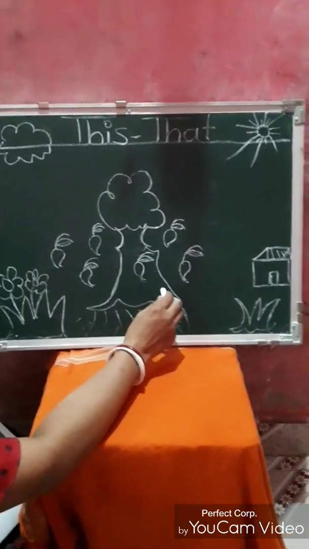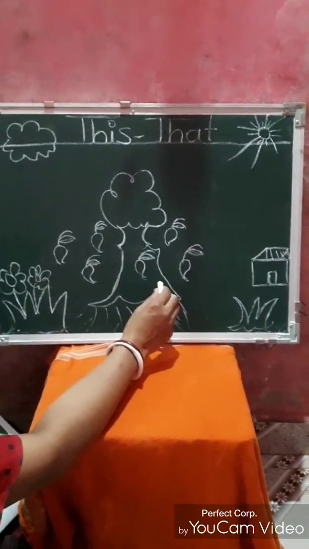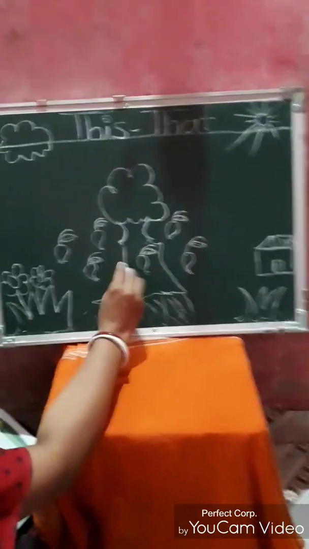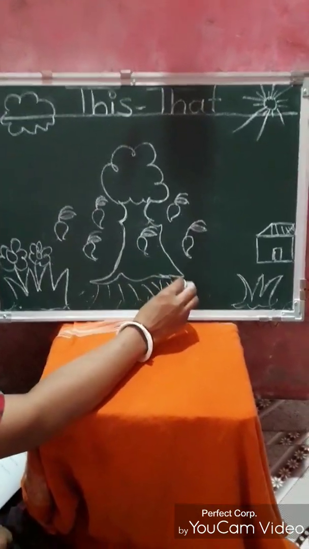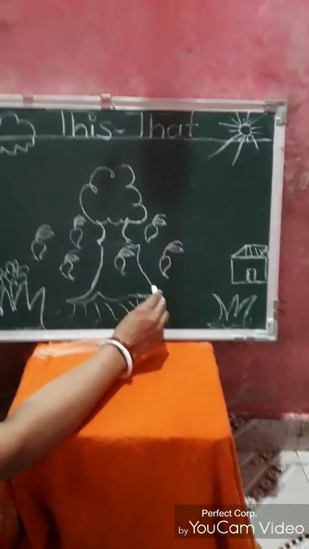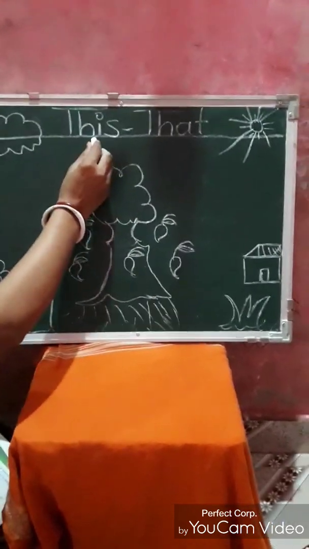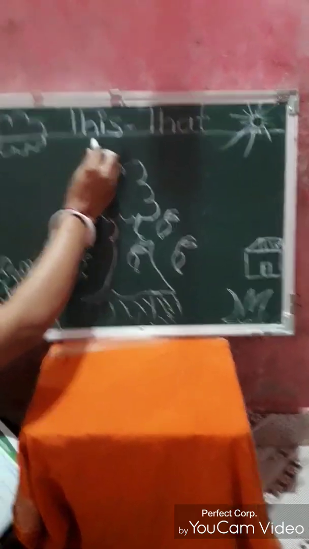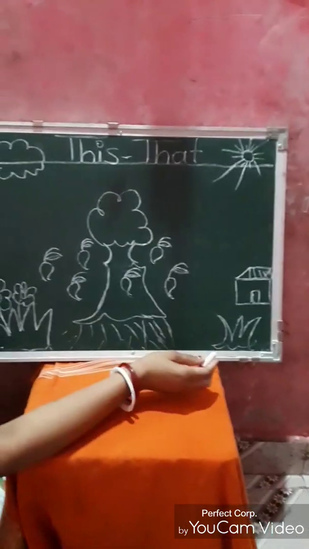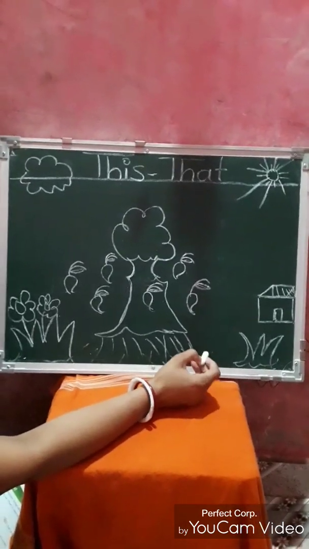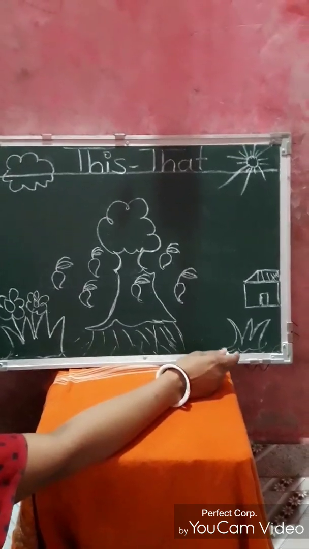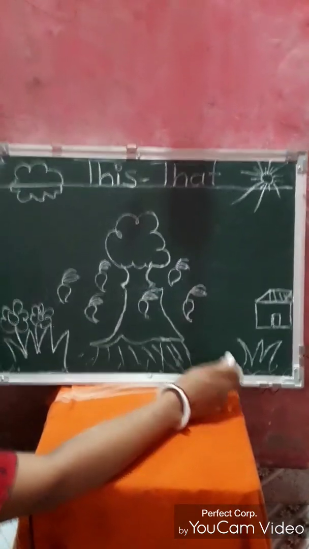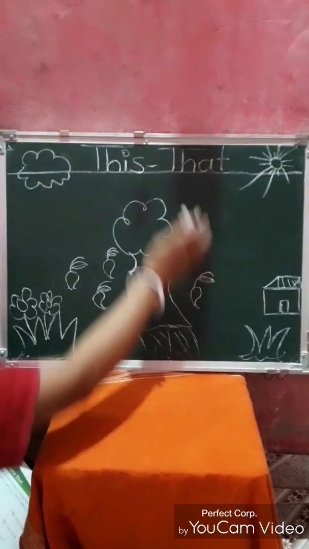In the next step, I am going to give some explanation about the meaning of this and that, and also clear up where and when we can use this and when we can use that.